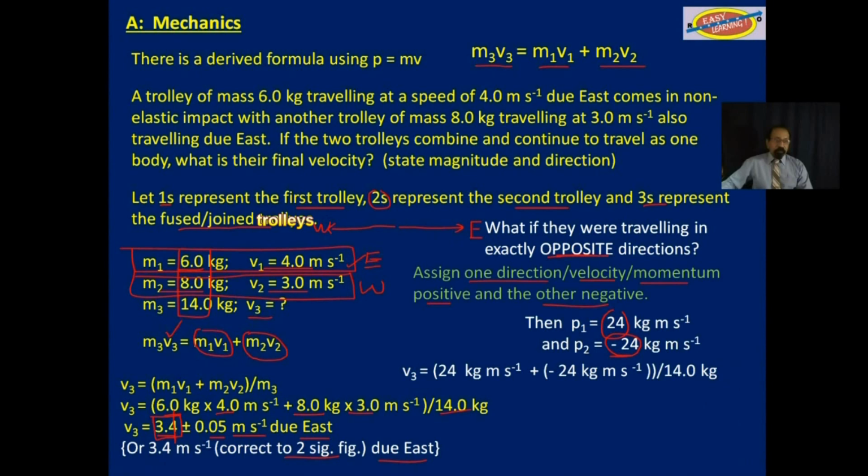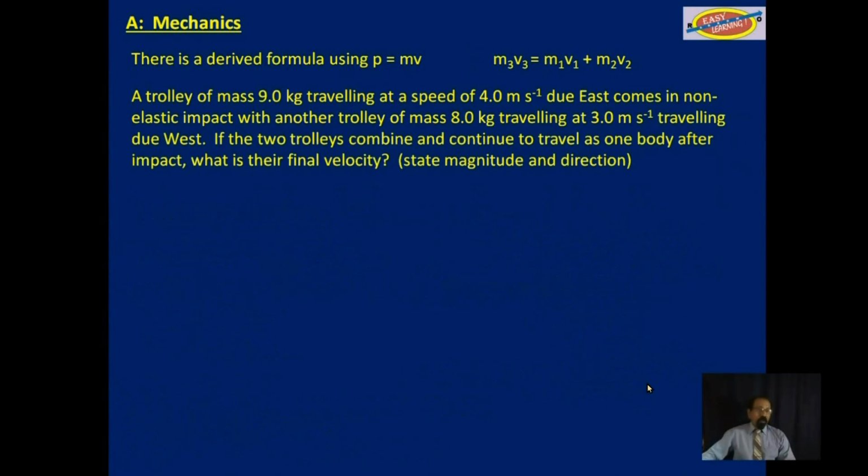So v3 will be 24 plus negative 24 divided by the total mass, and we get 0. Now in this case, the two trolleys are going in opposite directions, and the momentum will cancel out one another.